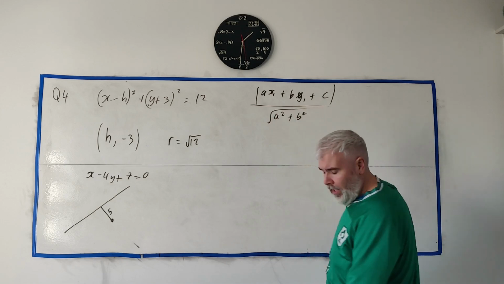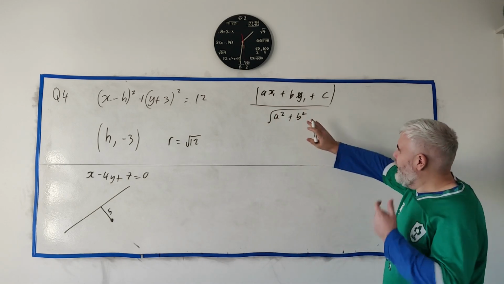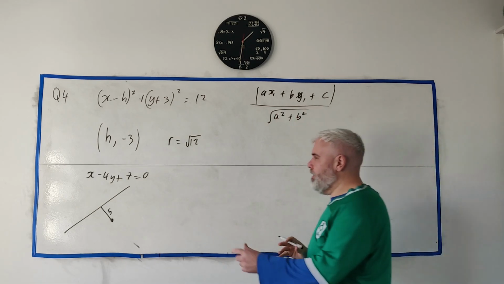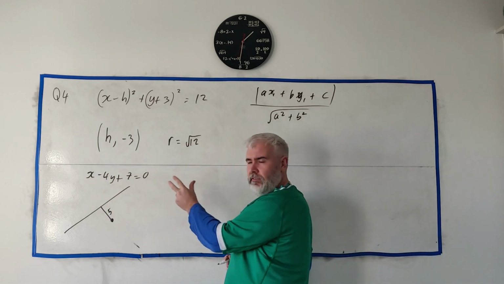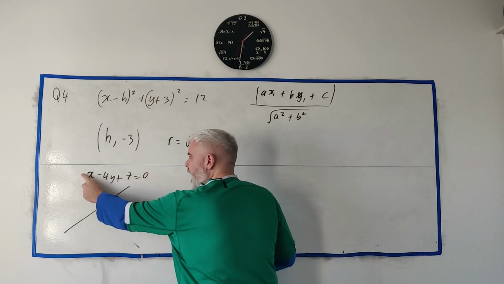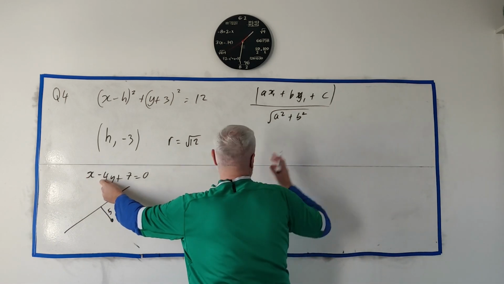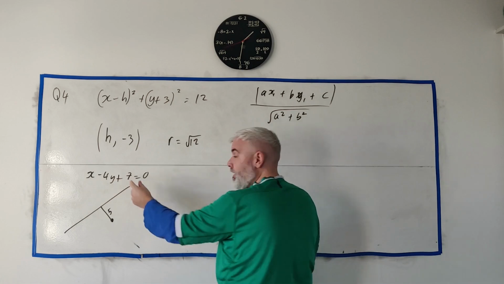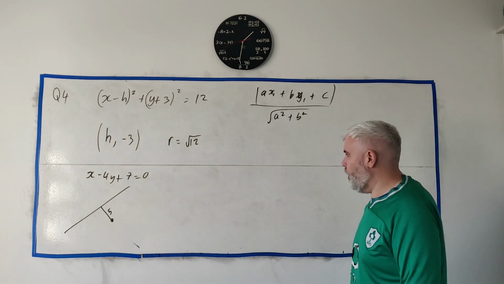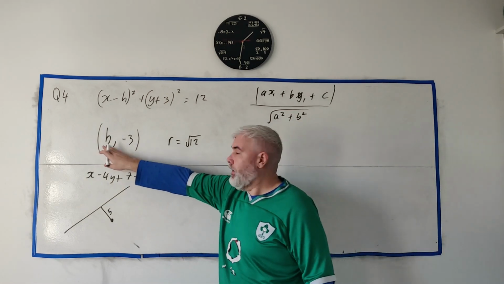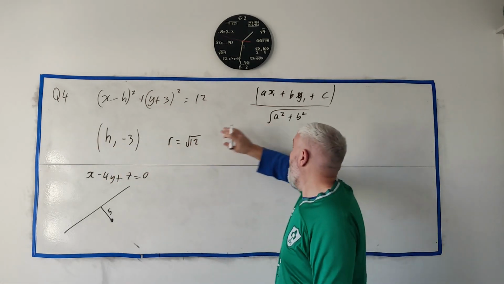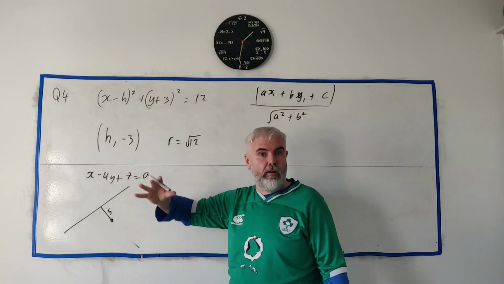So this a, b and c is when you write the equation of the line like this: a is the number in front of the x, 1 in this case, b is the number in front of the y, and c is the leftover number. x1 is the x part of the point, y1 is the y part of the point.